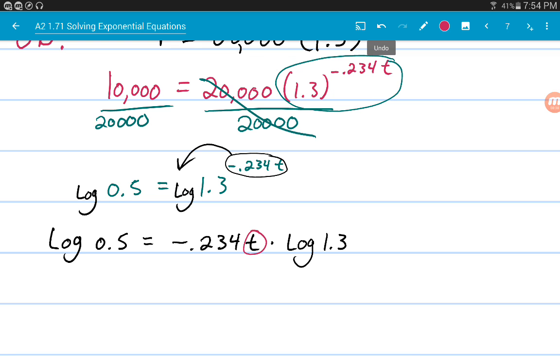Now t's right here. It's almost within sight. All I have to do is divide off the things that I don't want, so divide off log of 1.3, and that'll cross this out.